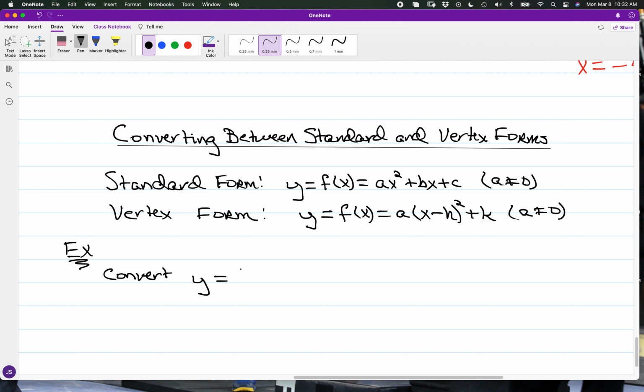So you have: convert y is equal to f of x is equal to x squared plus 6x plus 8 to its vertex form, and then determine the vertex.